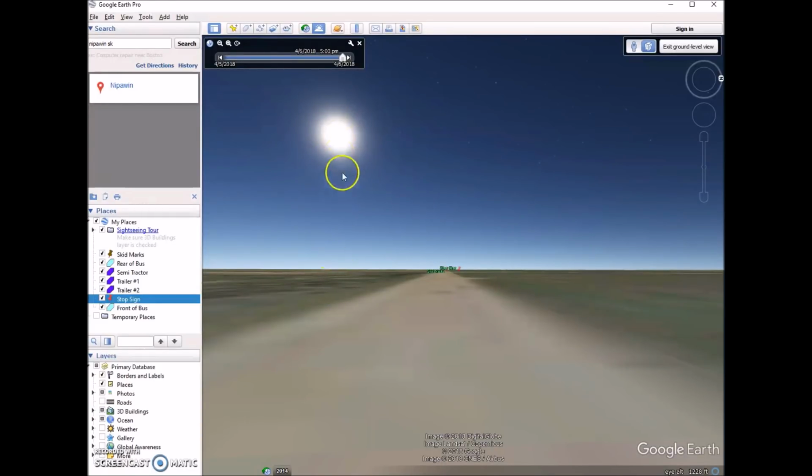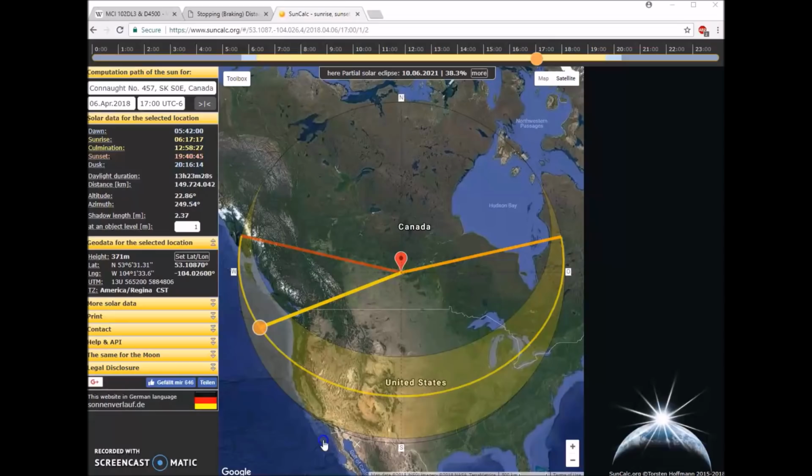If there's an angle, like a right triangle here, it's 22.86 degrees up in the sky. 270 degrees would be due west right here. It's a little bit over here. That's what the semi driver was driving into. And that completely corroborates these results.